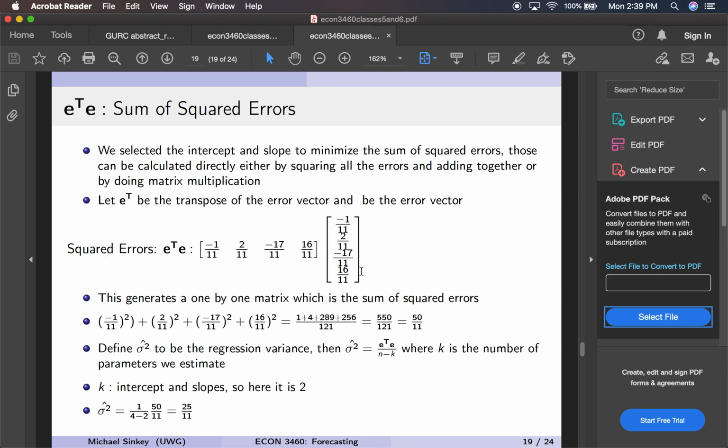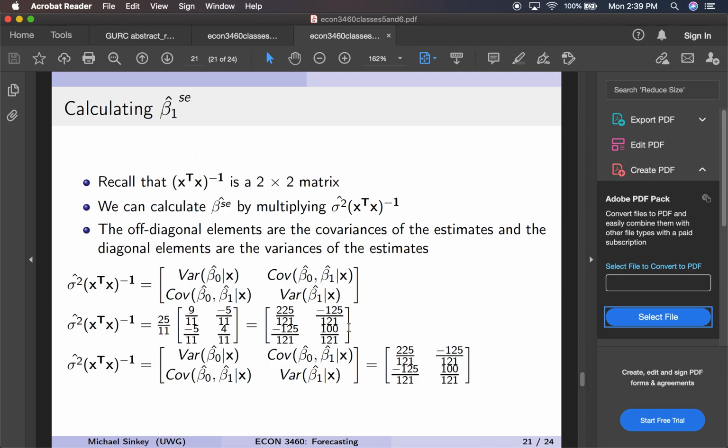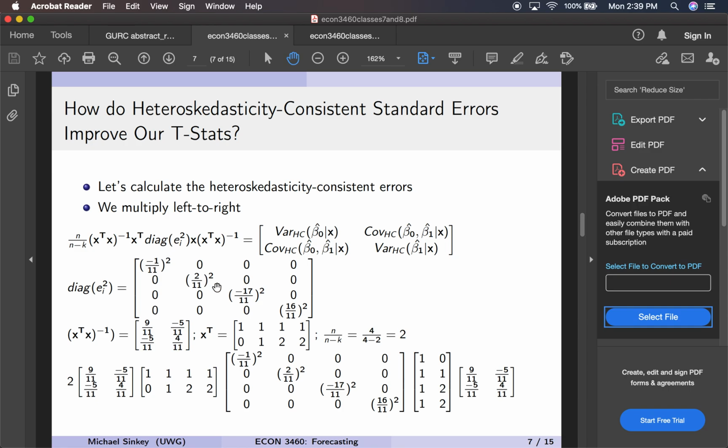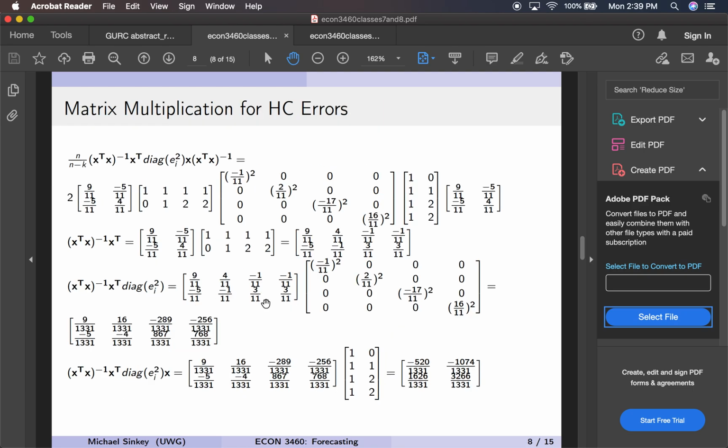Okay, so the error terms are dealt with independently of x. They're fused into one parameter, and we take that parameter and multiply it by the x transpose x inverse matrix. We don't do that here. We allow for x to be related to the error terms. And that is what all of these slides are doing. And you can just see I have multiplied a huge number of matrices together in order to calculate the standard error, but you can verify for yourself.